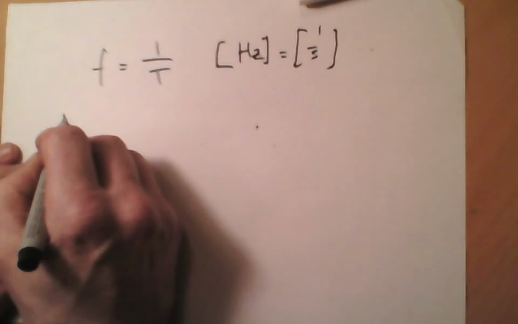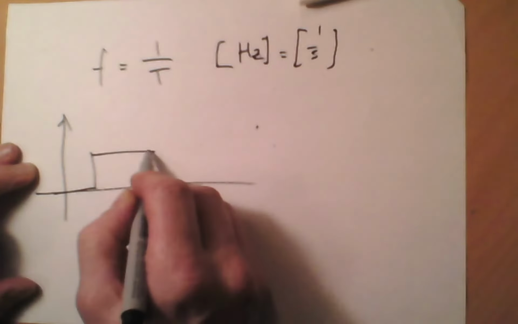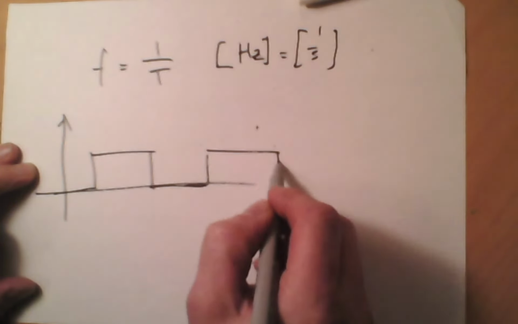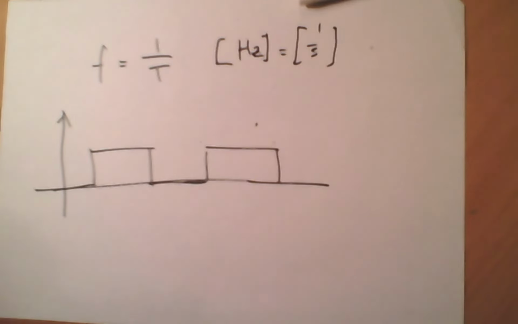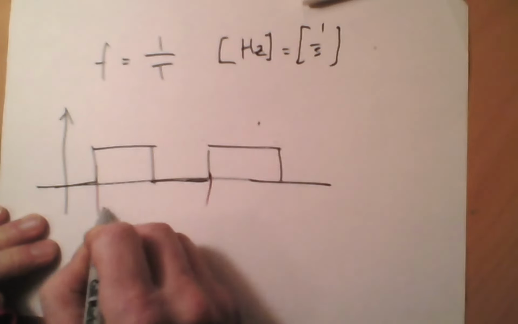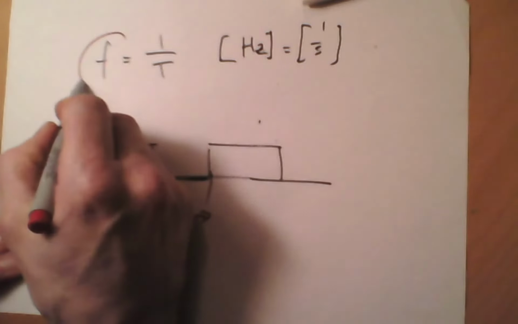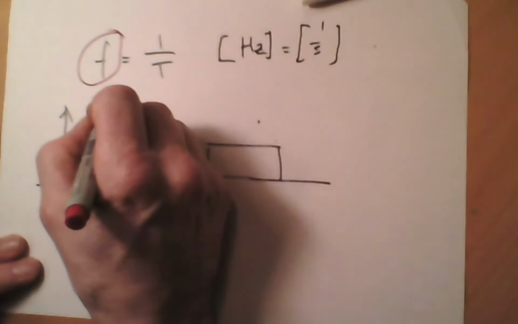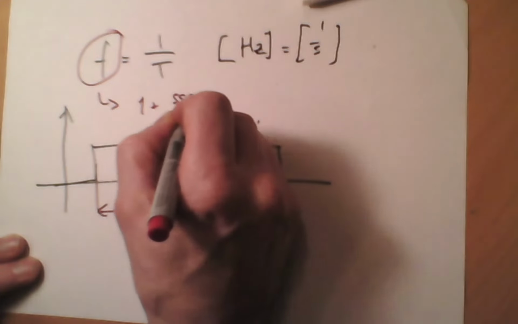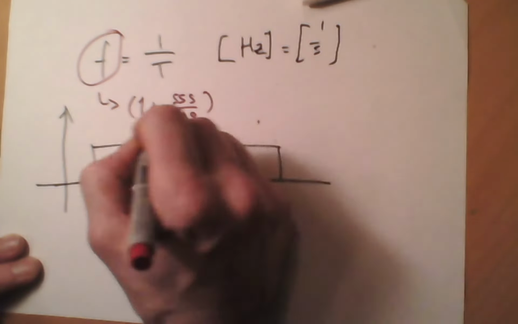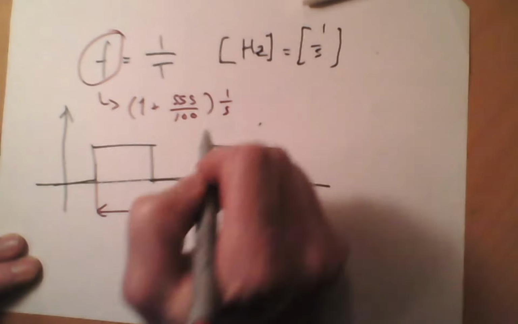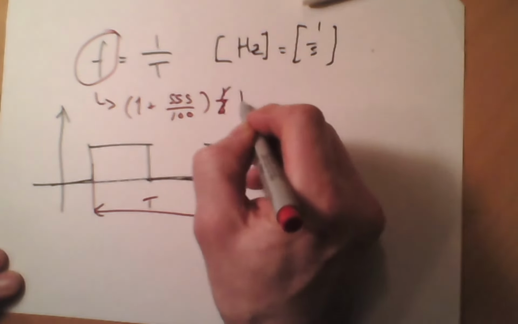And this frequency relates, in this case, to the full cycle, where the time of the full cycle is T. What we have given you is actually the frequency. Frequency should be 1 plus SSS over 100 hertz. 1 per second. Hertz.